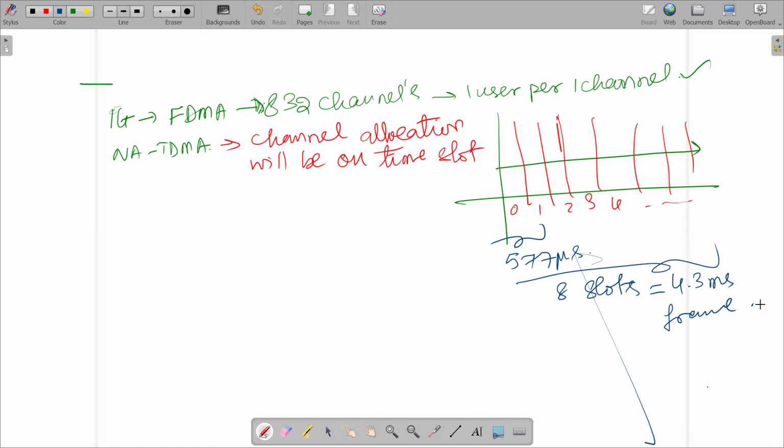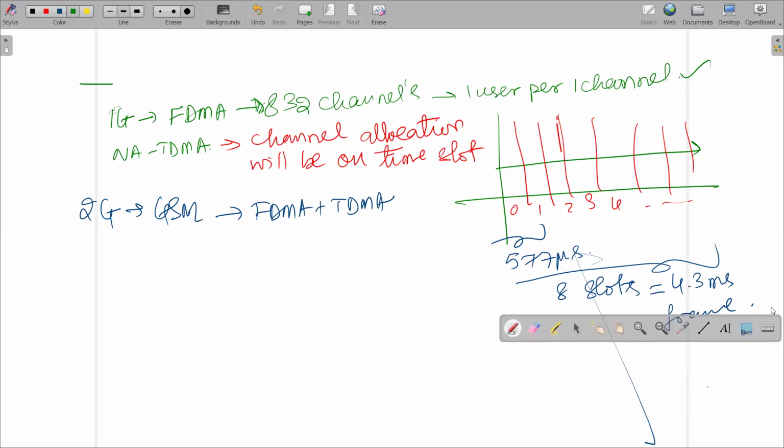So in GSM, that is 2G GSM, both FDMA and TDMA are used. FDMA plus TDMA is used.